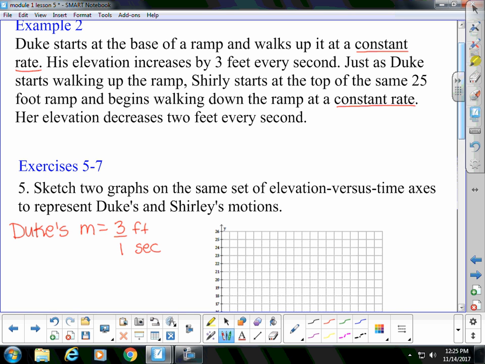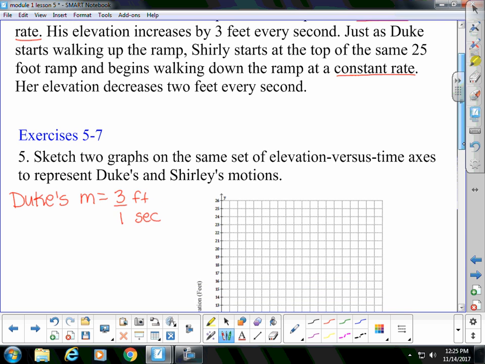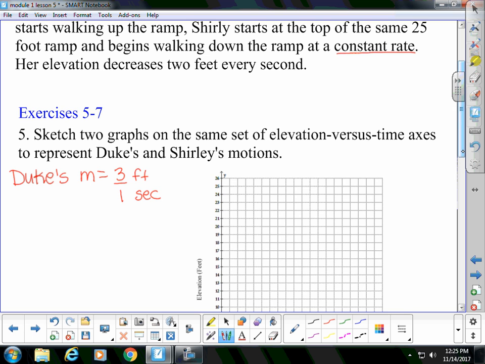And then further, it tells us about Shirley. So Shirley starts at the top of the ramp, the same 25-foot ramp. So that's the starting point for Shirley. And she's decreasing her elevation 2 feet every second.